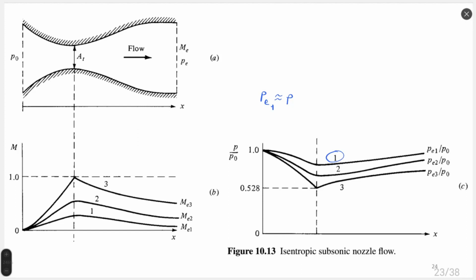Why is PE1 smaller than P? Because otherwise the flow will not go in the direction we want, right? If we had PE1 bigger than P, then the flow would go in a different direction. Since we have flow in the defined direction shown on figure A, we understand that PE1 is a bit smaller than P.